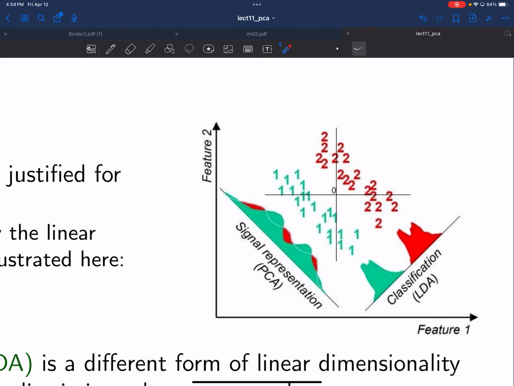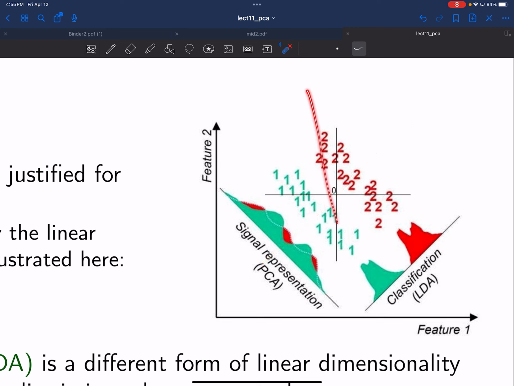Would it be on the origin that's coming out of the screen? No, this is just 2-dimensional data, so the only compression we can do is onto 1 dimension. So it has to be here, right? Because here, these errors, it's shortest this way. If I turn it this way, they're longer.